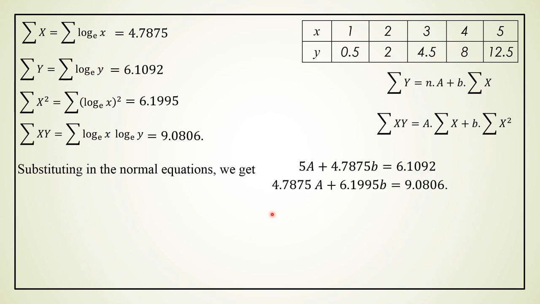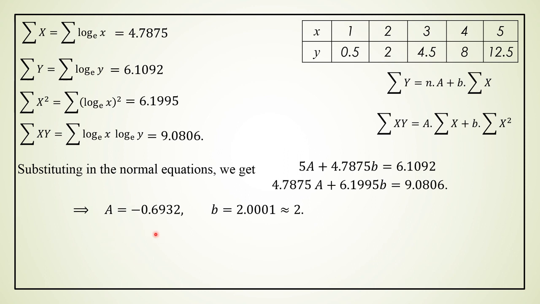Next, 4.7875A plus summation X square b, that is 6.1995b, that is equal to 9.0806.